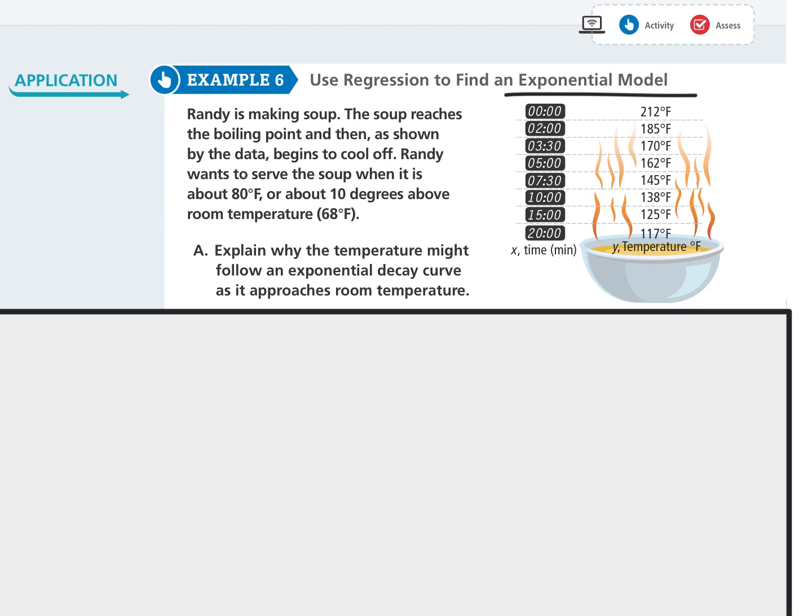And the first thing they want us to talk about is what's going to happen when we approach room temperature, and this suggests that we might be getting an exponential decay curve. So notice it is going to be cooling down, but then eventually that should be leveling off, and it should be leveling off around 68 degrees. And that is because that's the room temperature, the air temperature around the soup.